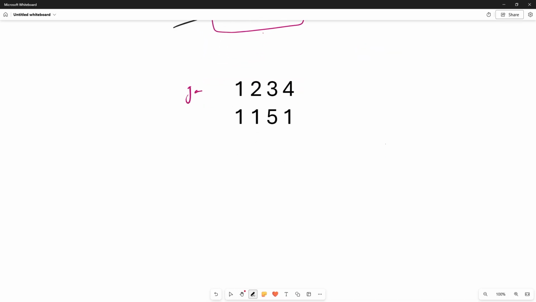Okay, so this is our gas, this is our cost. Now let's say you started with the 0th index. Now you have 1 unit in your gas tank. To go to the next index, you will have to give up 1 unit. Now you are able to reach this index with 0 units of gas. Now you fill 2 units of gas, but to move to the next index, you will have to pay 1 as a price.